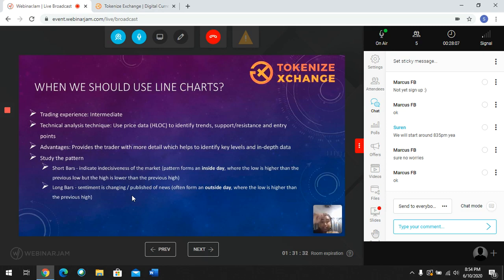You can see the candle is longer, and it's double green rather than double red. We will see that clearer later during the technical chart drawing. Any questions so far on the short bars or long bars, inside day or outside day? If there's no question, I will move on.